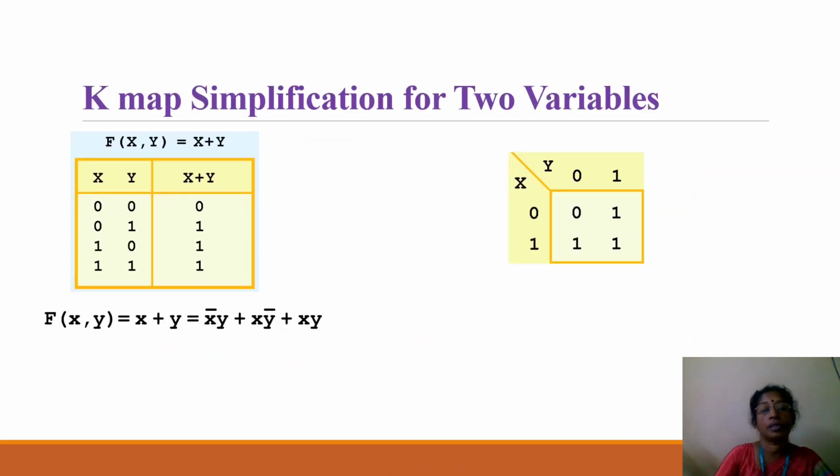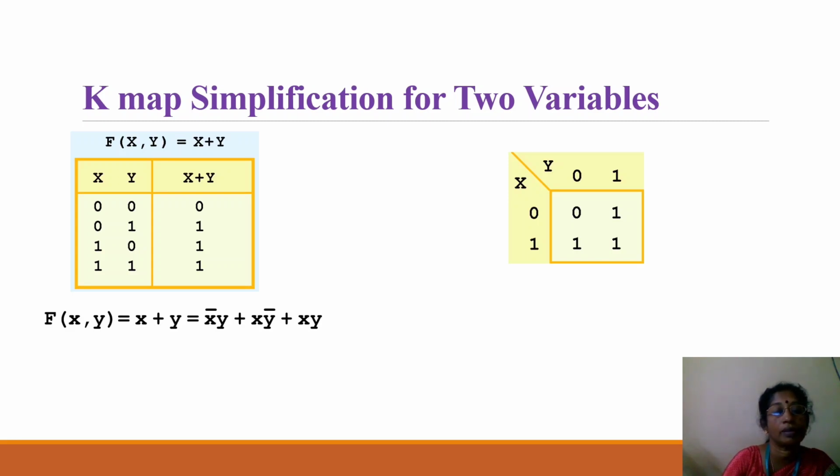Coming to the K-map simplification for 2 variables. We have already seen that the K-map is used only for simplification of the expression. Here we have 2 variables x, y, and in these 2 variables, simple addition gives 0 0, 0 1, 1 0, 1 1.